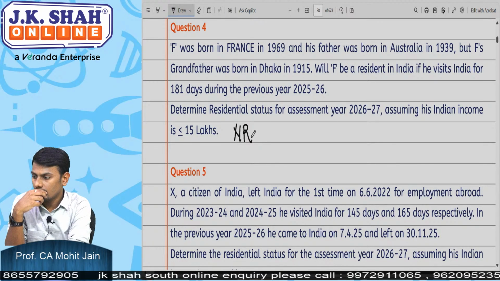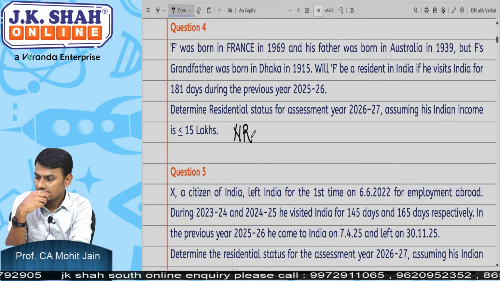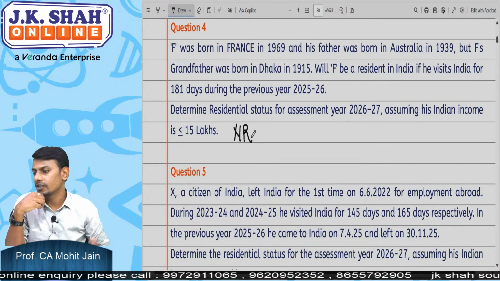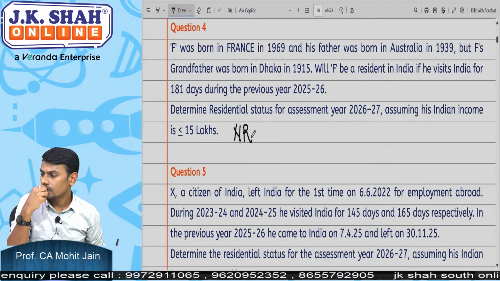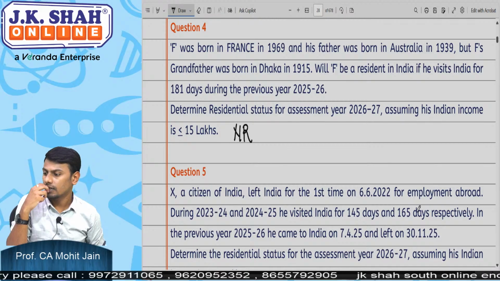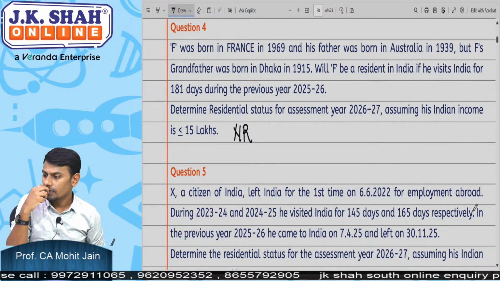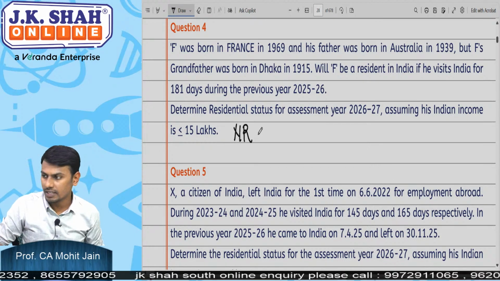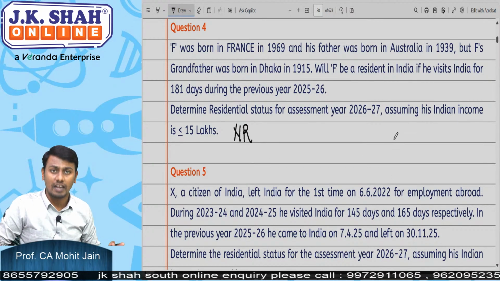Rohit, Mukesh, Rupa, Jairam, Noor, Mrudha, Sudarshan, Priya, Navya, Guru, all are saying non-resident. Everyone is getting the same answer, means everyone is going on the right path.